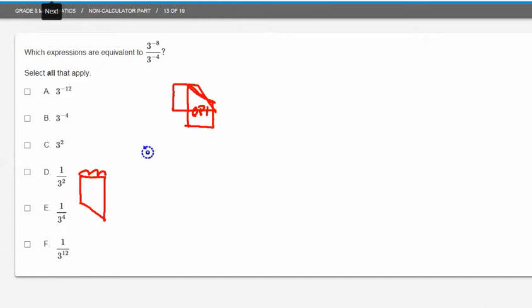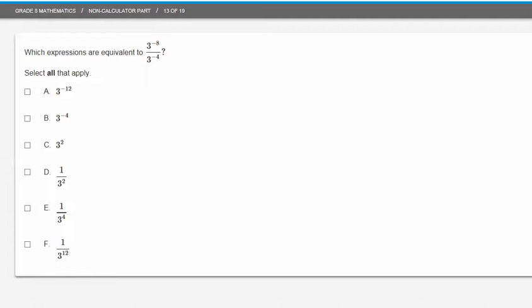All right, number 13, lucky number 13. We have a multiple select question: which expressions are equivalent to 3 to the negative 8th divided by 3 to the negative 4th? Now, you'll remember that when you're dividing numbers or bases with exponents, if the bases are the same, you will subtract the exponents.